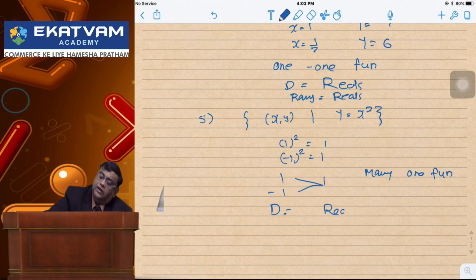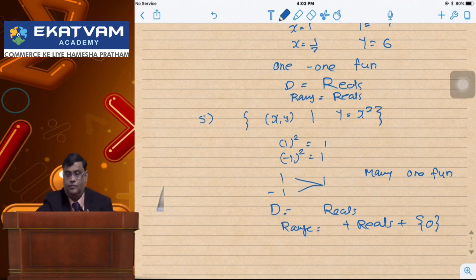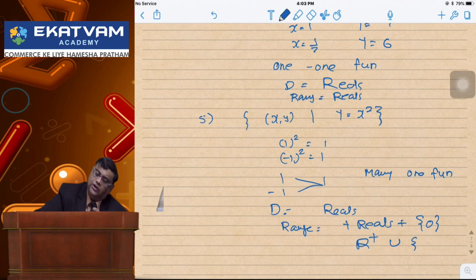The x value can be any real. But what is the range of this now? That will be positive reals plus 0, singleton 0. R plus, because the square of 0 is 0, so 0 comes but 0 does not come in positive, so positive reals and 0 have to be mentioned separately. So while writing this we will write R plus union singleton 0.